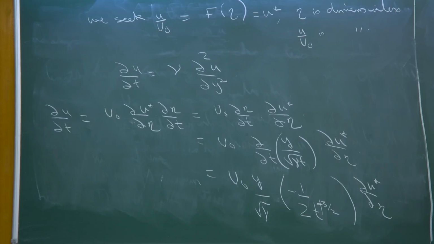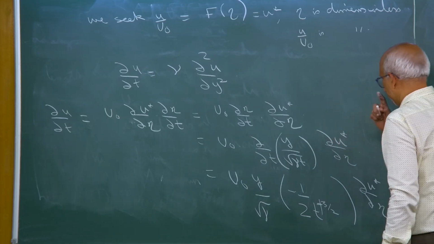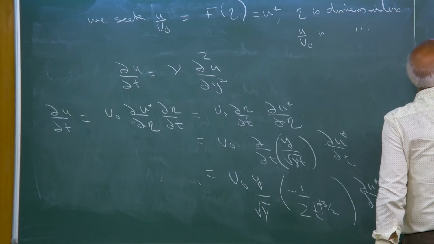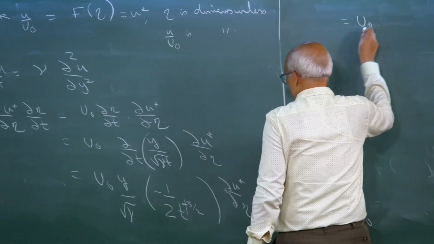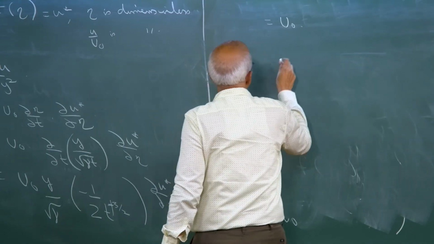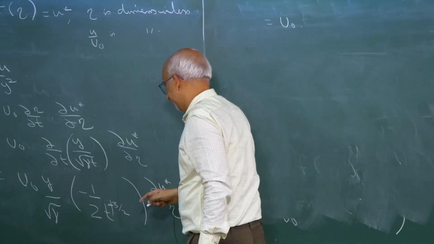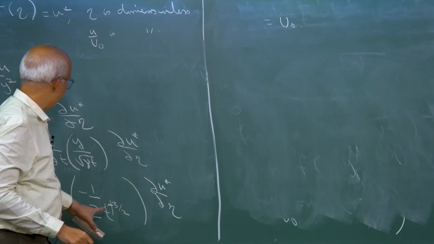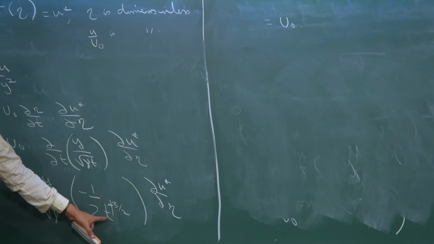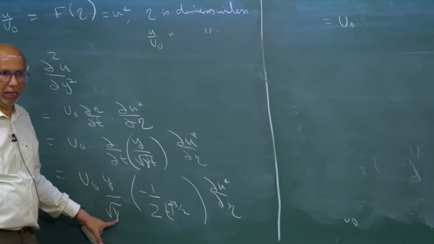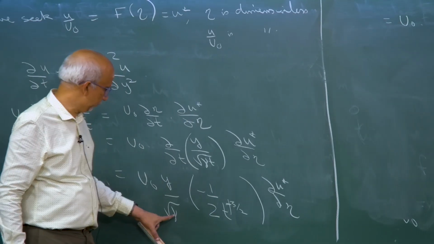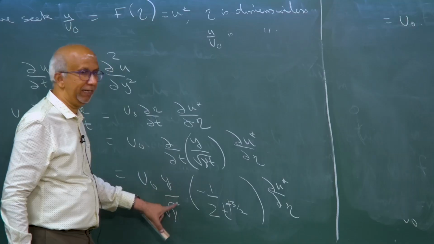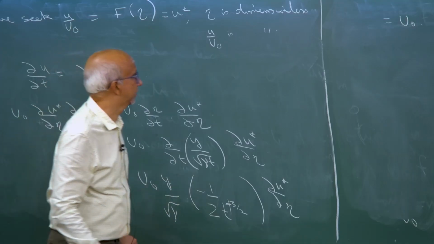So, now what do I have? And this is equal to u naught times, oh boy, let me do this properly, y by square root of nu. I want to take out t to the power half, I leave one t here. So, t to the power half, if I take it here, I will get eta, because y divided by square root of nu t is eta. Okay.